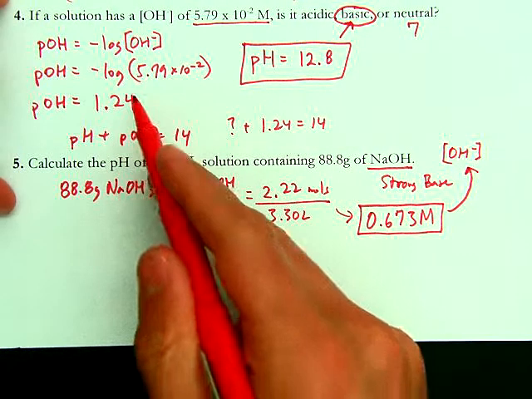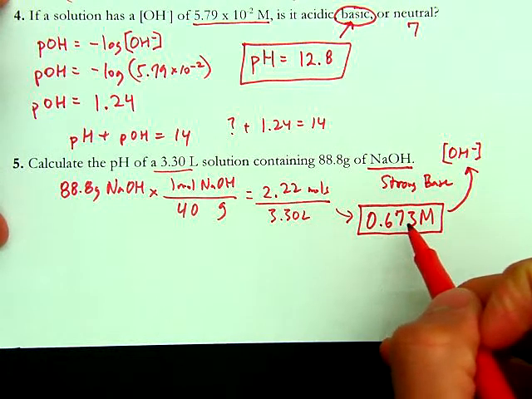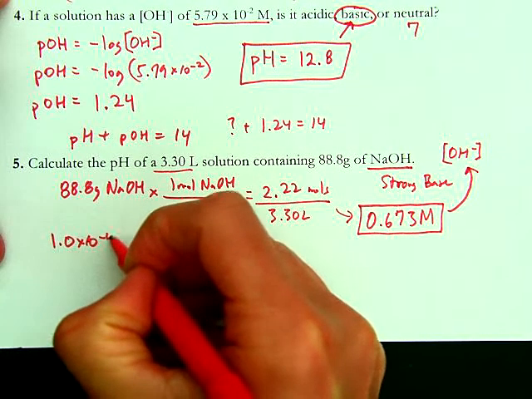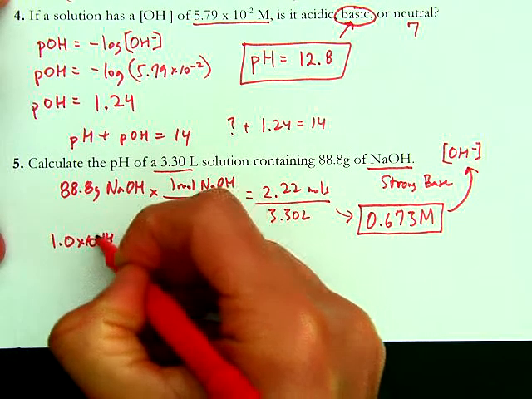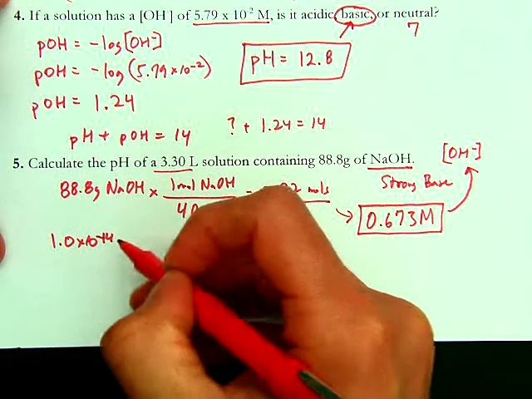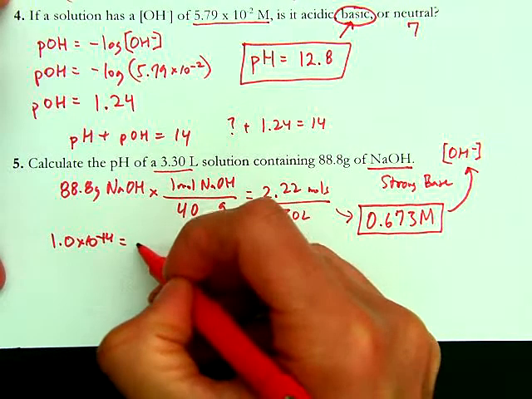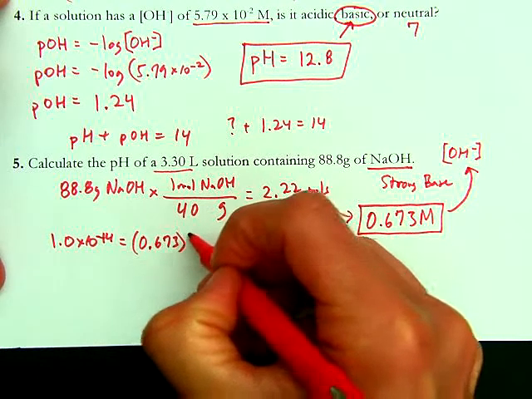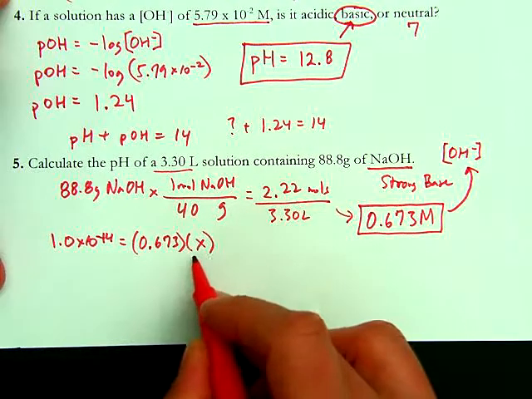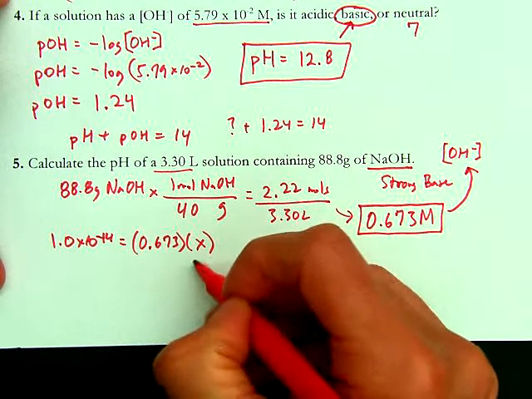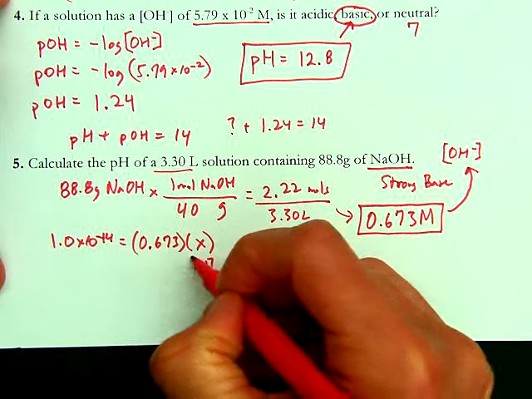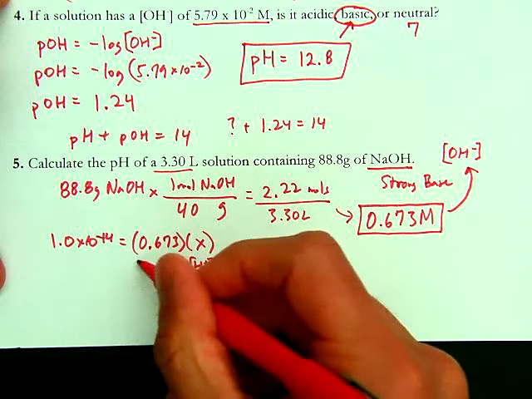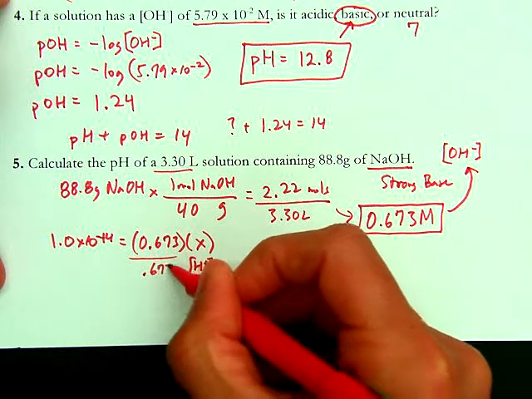Rather than doing how I did above, we'll just use the ion product constant for water, which is 1.0 times 10 to the negative 14. Sorry if that's a little hard to read. That equals 0.673 times something, and that something is going to be our concentration of H. To solve, I'm going to divide by this number on both sides.